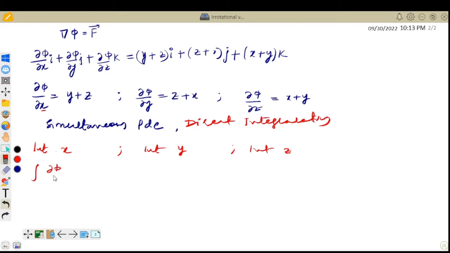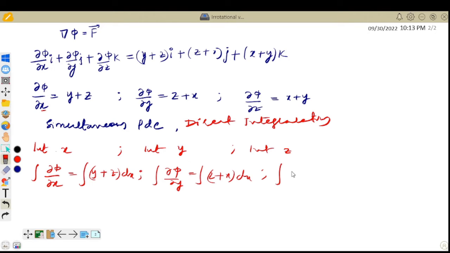Integration of ∂φ/∂x is equal to integration of (y + z) dx. Integration of ∂φ/∂y is integration of (z + x) dy.